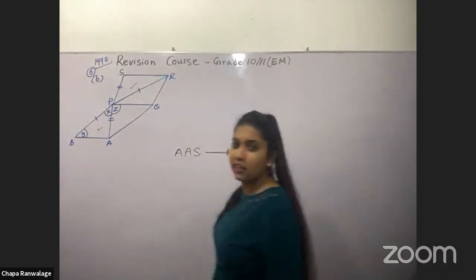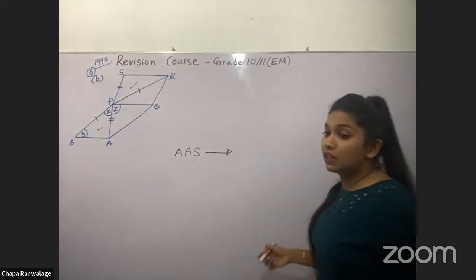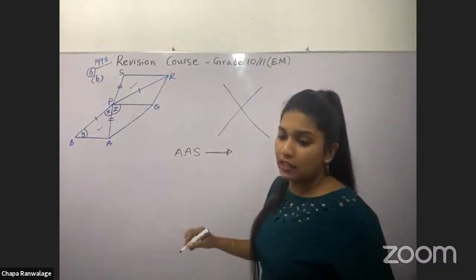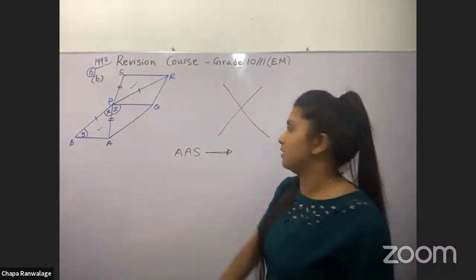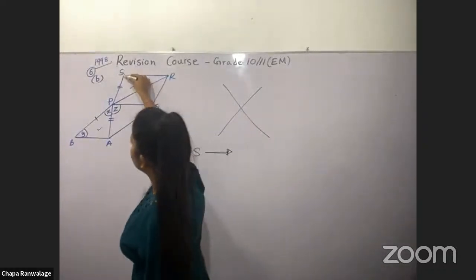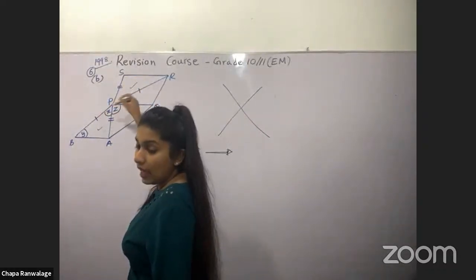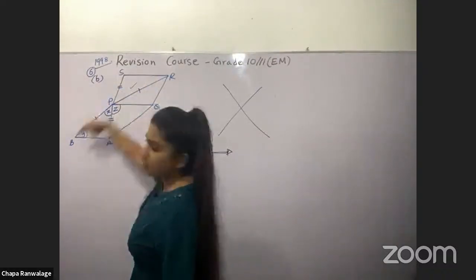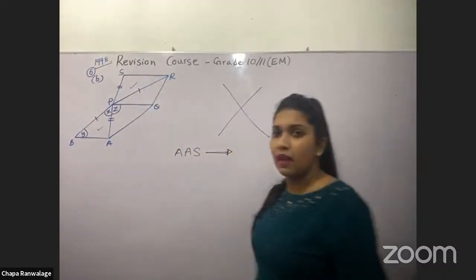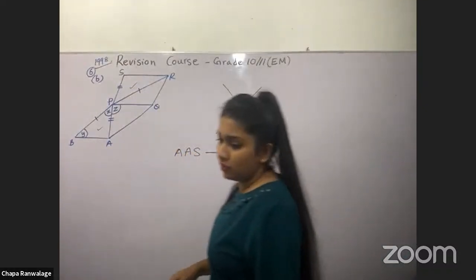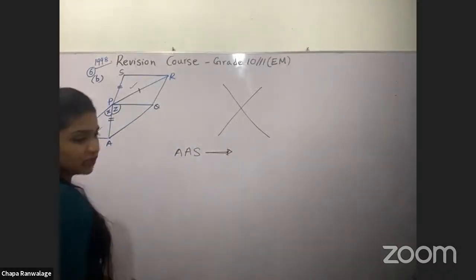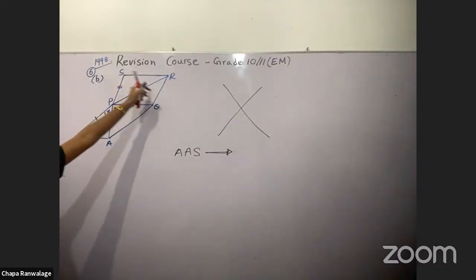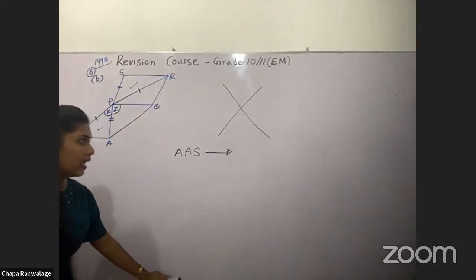No. Vertically opposite, grade 8: two straight line segments should intersect. Here, this one is not a straight line. Only if they are straight lines can you take vertically opposite angles. So you cannot say AAS, because we do not know whether they are equal or not.